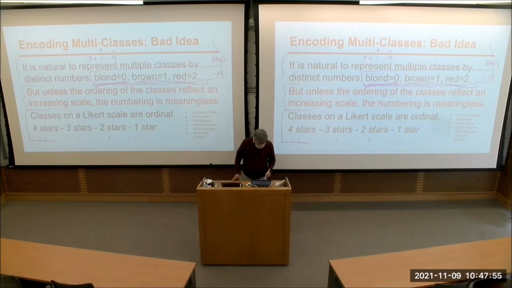A movie with 3 stars is more like a movie with 4 stars than a movie with 1 star. A Likert scale is where you have people forced to make discrete choices of classes, but there is still an ordinal ordering of those classes.